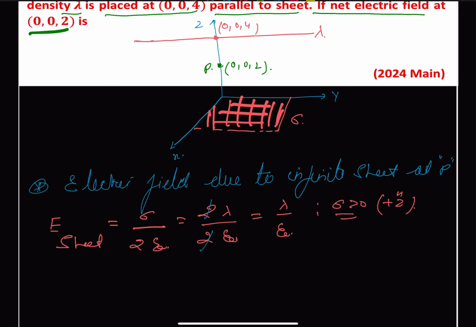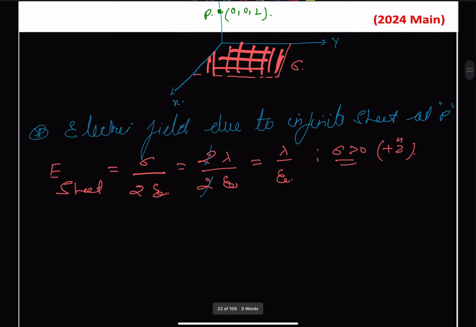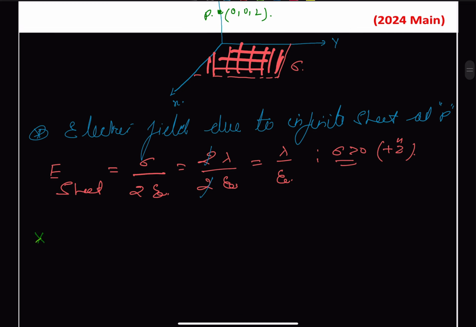Okay. And next is because of line charge. Due to line at point P. Okay.